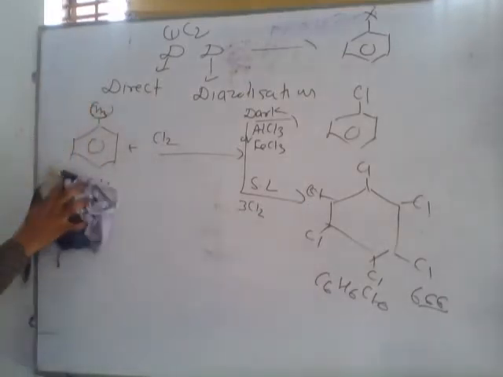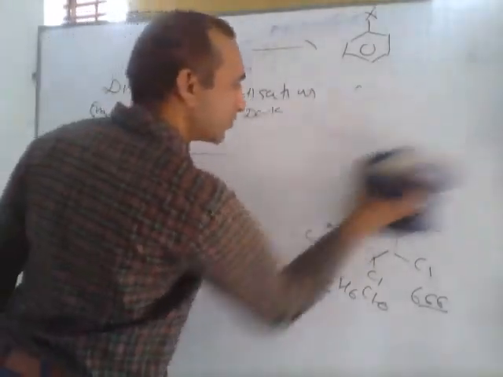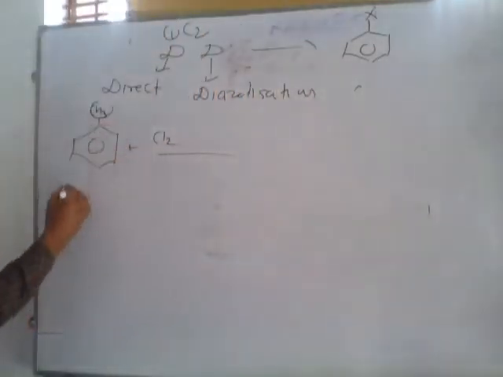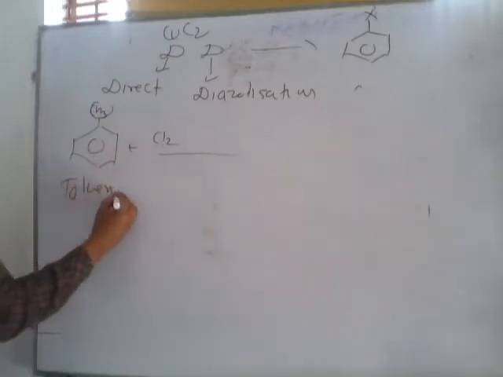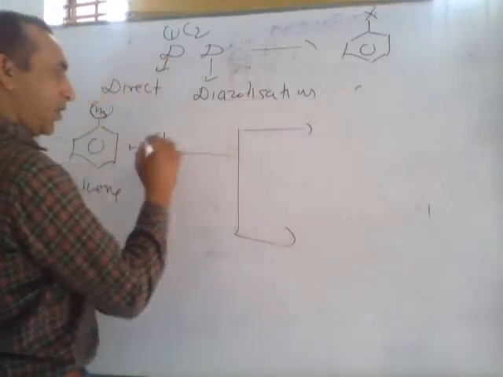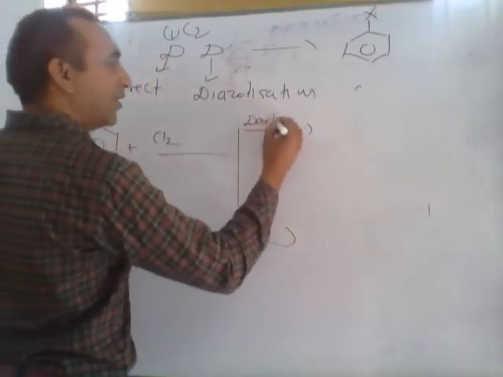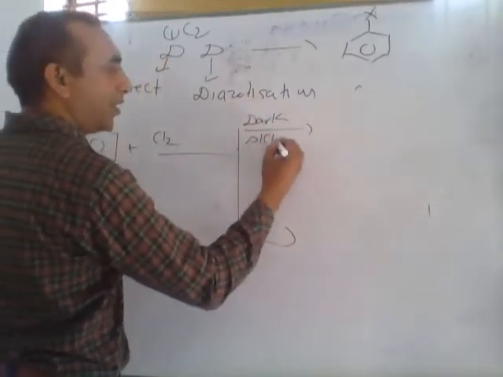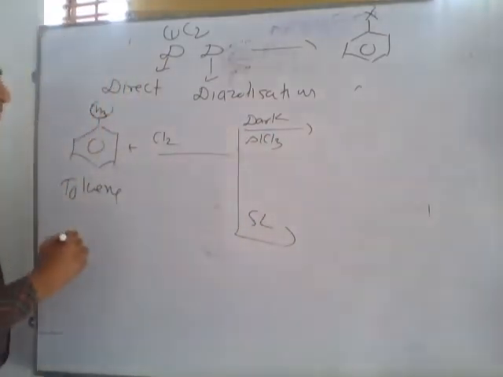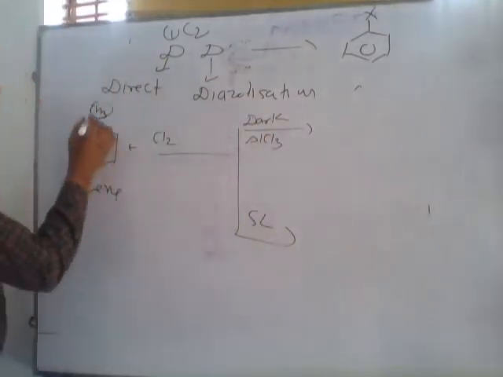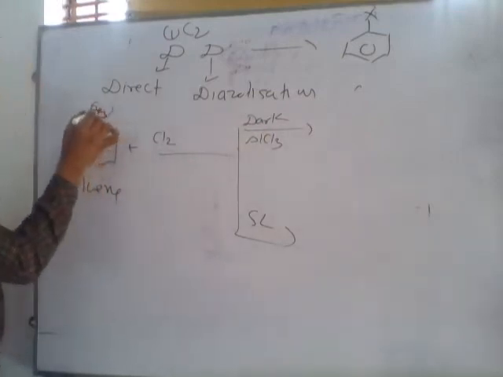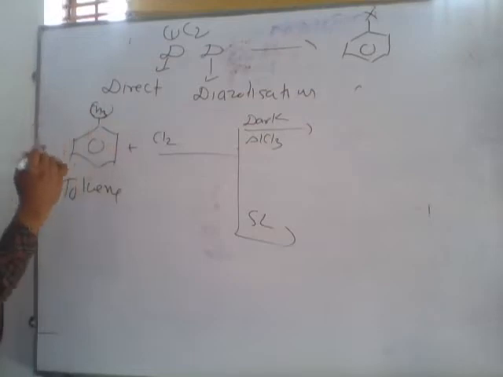Then what will happen if toluene reacts with chlorine? Listen, this is toluene. The reaction may be of two types. First, in the dark in the presence of a catalyst, anhydrous AlCl3; otherwise in the presence of sunlight. In the dark, the directing effect of methyl is ortho and para.